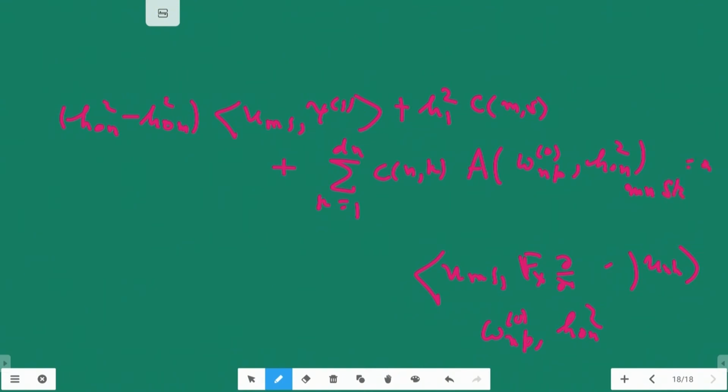So this is 0. If you know the values of h1 square, you can solve this equation to get these inner products of psi 1, provided m is not equal to n. As we do in quantum mechanical perturbation theory, the inner product corresponding to m equal to n is not determinate, because it appears with a 0 factor.